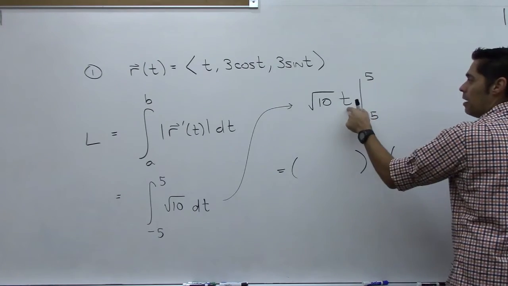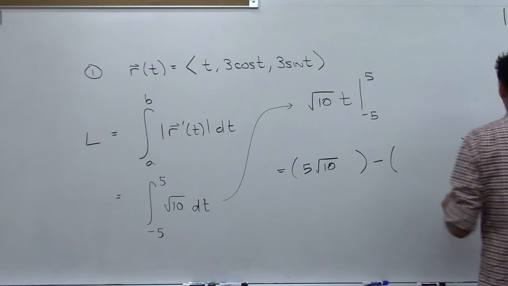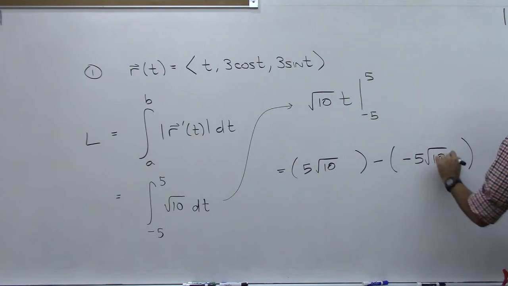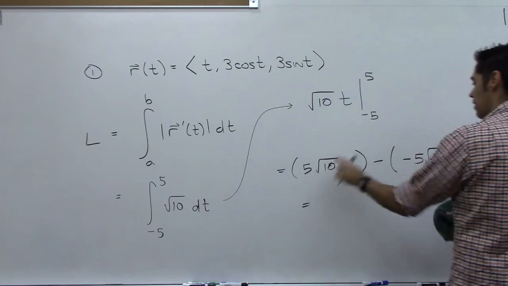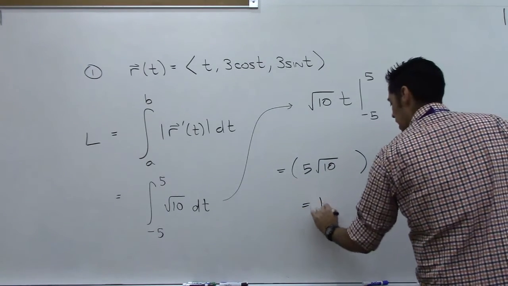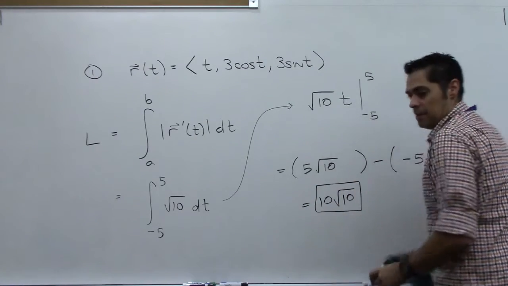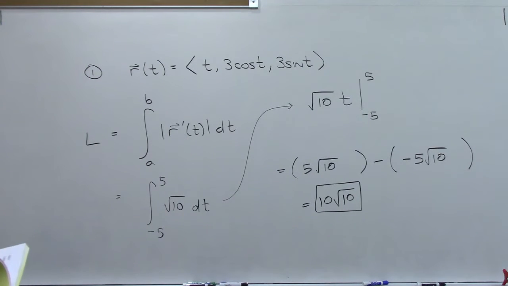So if I plug in 5 right here, I get 5 root 10. And if I plug in -5, I get -5 root 10. And if you subtract a negative, it's adding, so we're just going to have 5 of these plus another 5, so that's 10 root 10. Whatever that is as a decimal, you could go figure out what that is as an approximation, but I'm just going to leave it like that.